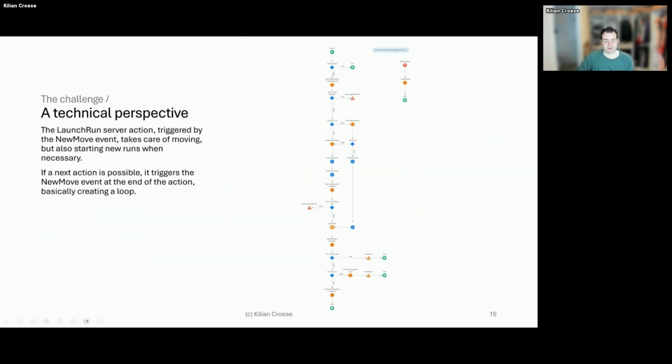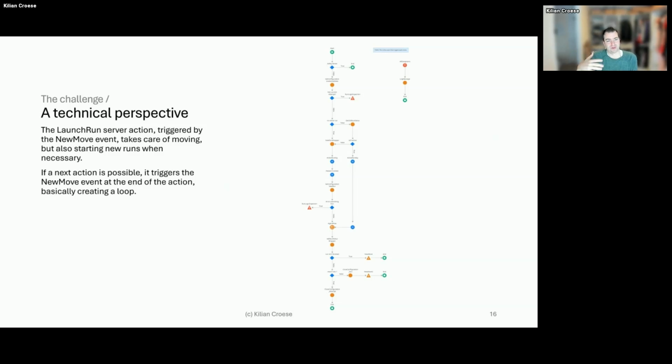And that event, don't try to read this because it's way too small, but basically the launch run action, I think the name is not necessarily the best because it's doing a lot more than launching a run. Basically, this is an operation that takes care of, it's the beating heart of this game. So the first time when you launch it, it actually starts a new run.